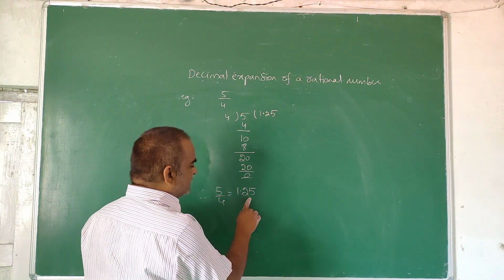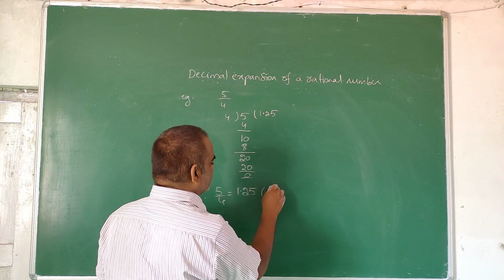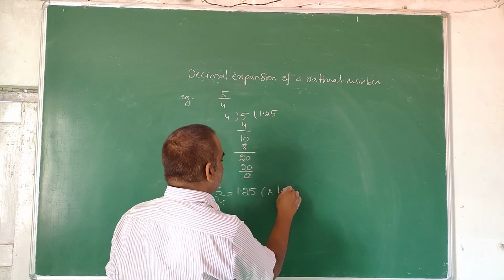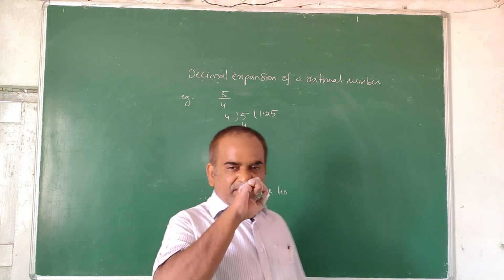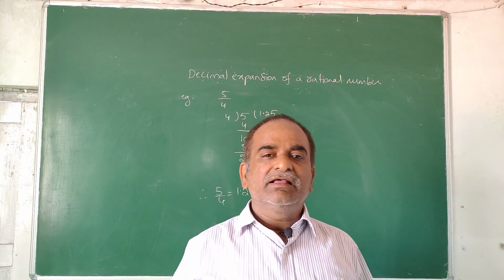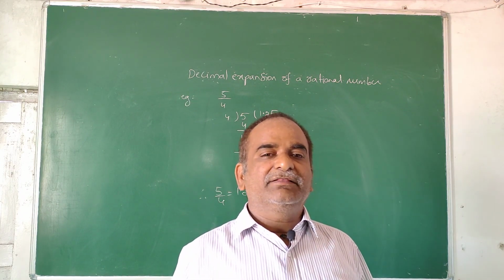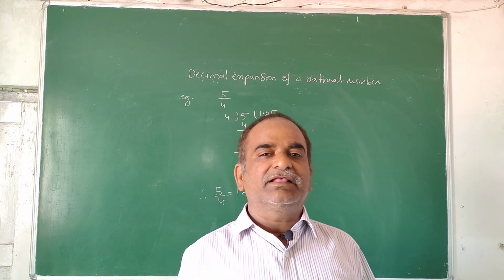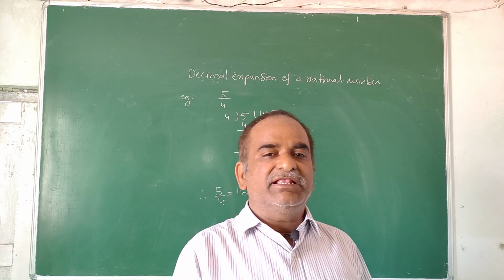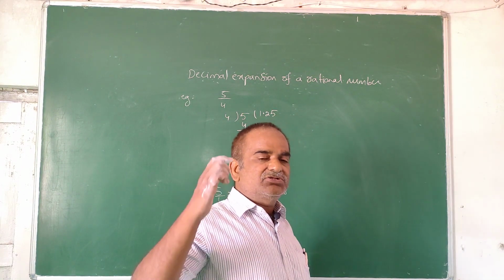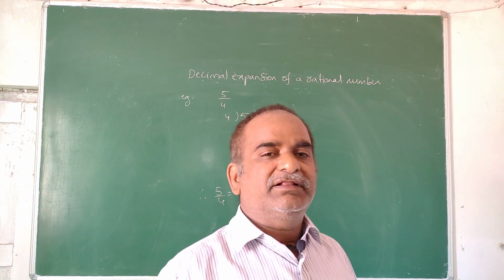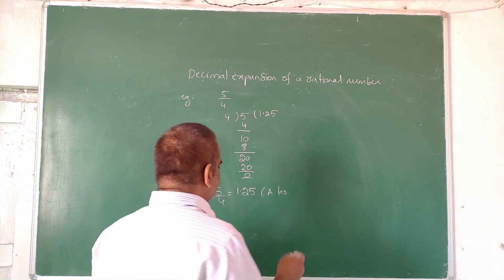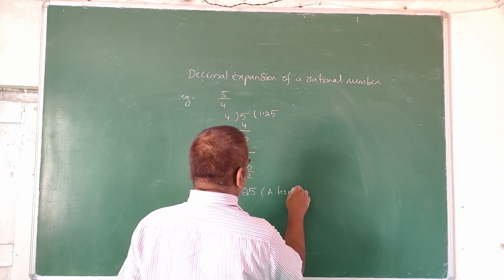So it is clearly a terminating decimal. A rational number is said to be a terminating decimal if the division process ends after some stage. So it is a terminating decimal.